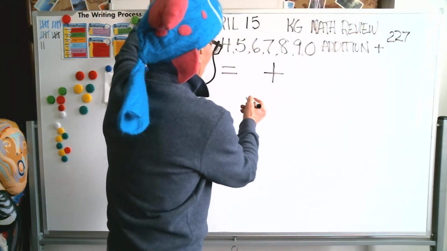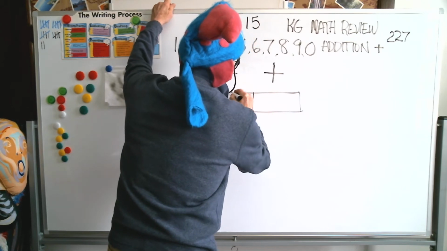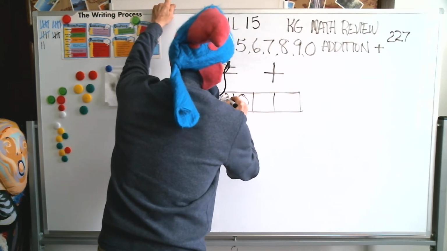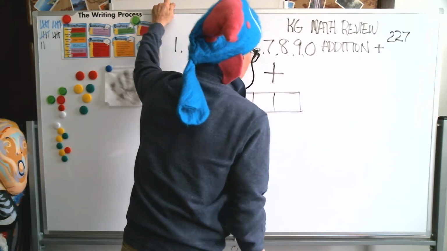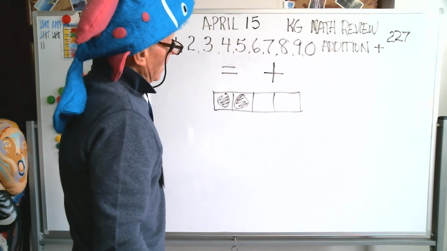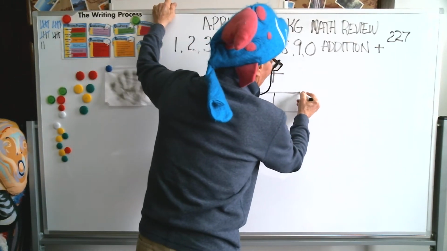So what you have there is that as an example. And there's actually 5 blocks.